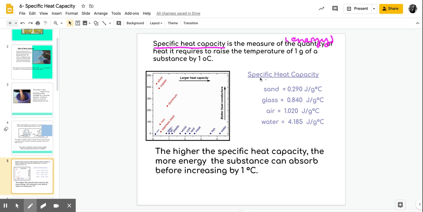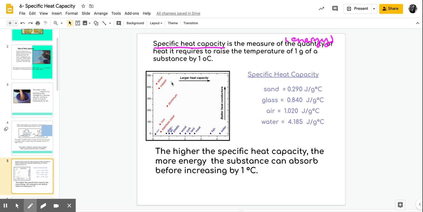If you were to look at this graph and zoom in a little bit, you could actually see a couple other substances in comparison. You'll notice silver, copper, and aluminum are quite high, or they're really good at conducting heat.